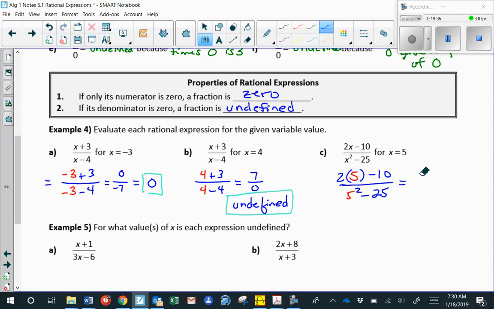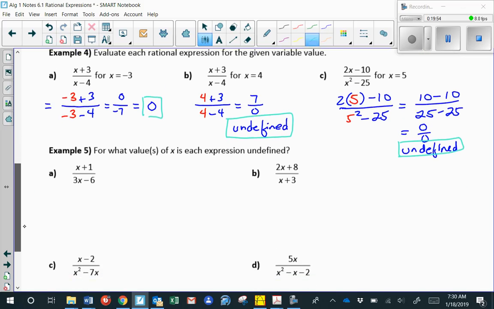The numerator gives us 10 minus 10. The denominator gives us 25 minus 25. This is 0 over 0, which we know is undefined because even though the numerator is 0, the denominator is also 0, which makes the fraction undefined.